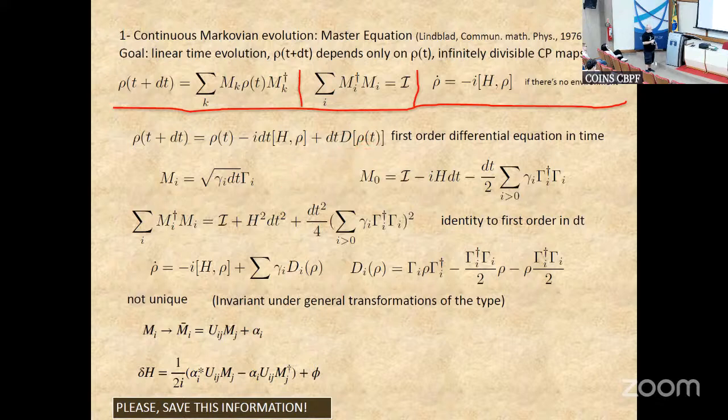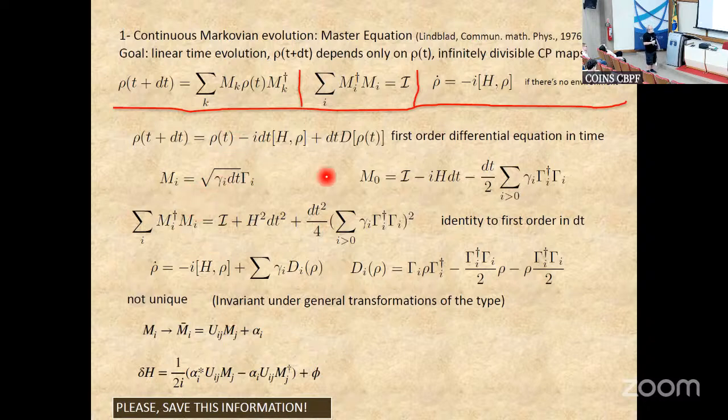And it is easy to show that if I choose the operators of my CP-TP map in this format, I choose each one of them to be proportional to some operator acting on the system. And the proportionality constant is a square root of a small probability that's given by some rate times dt.